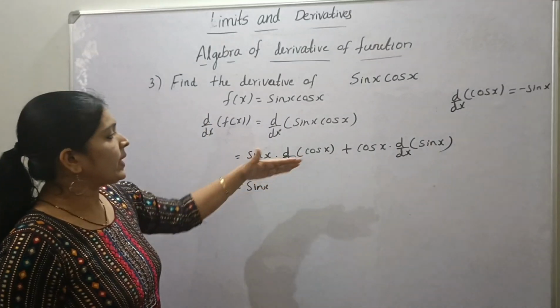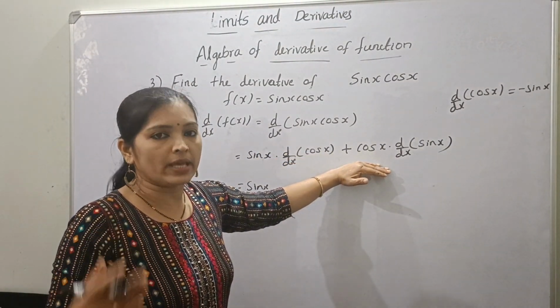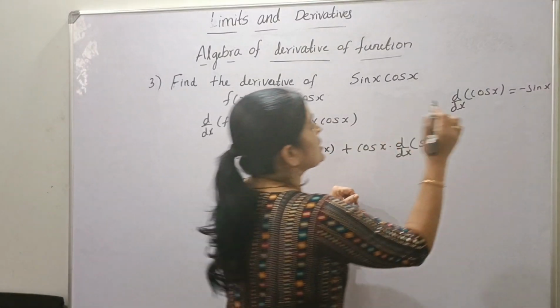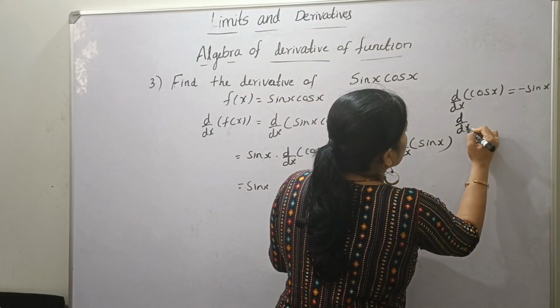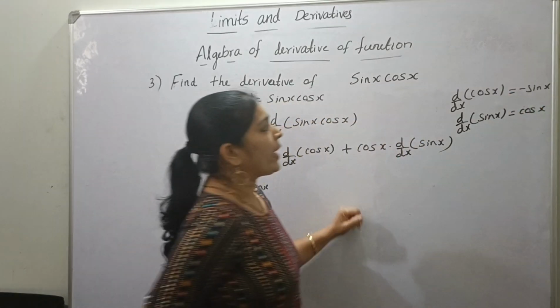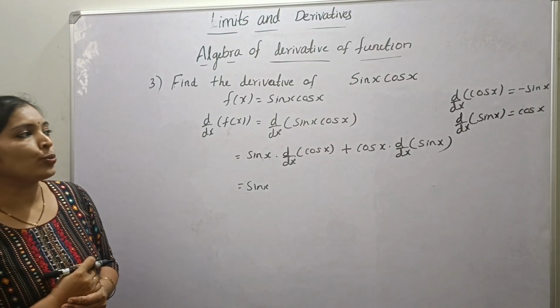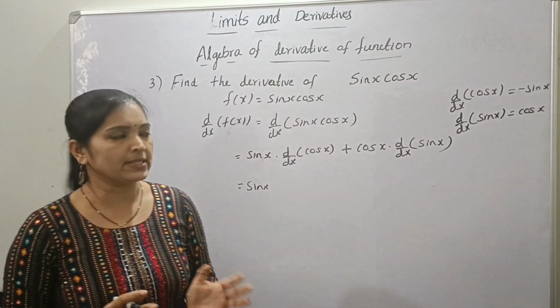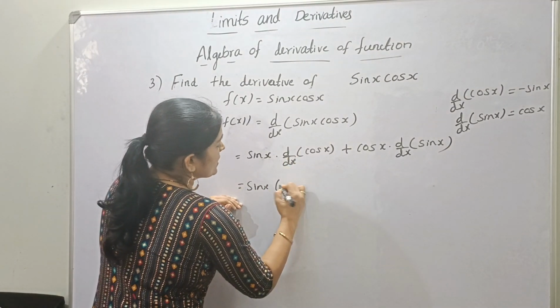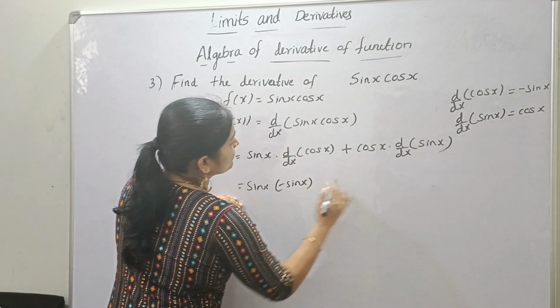And I told that in the same method we can find the derivative of sin x from first principle and we will get d by dx of sin x is equal to cos x. Okay, d by dx of cos x is equal to minus sin x, d by dx of sin x is equal to cos x.